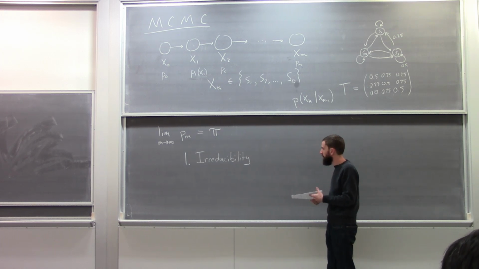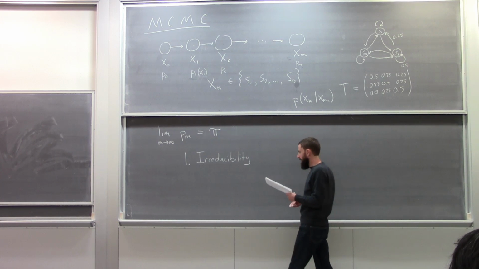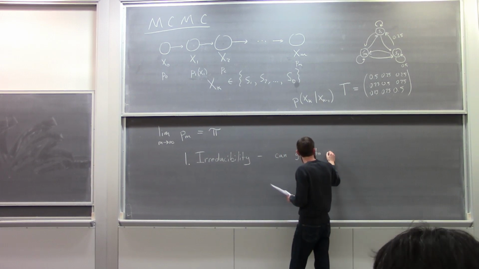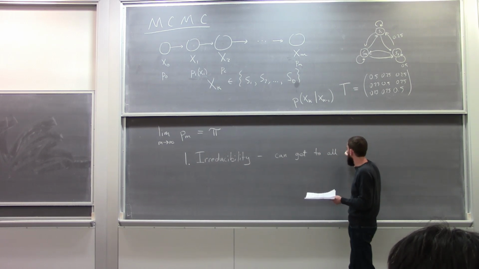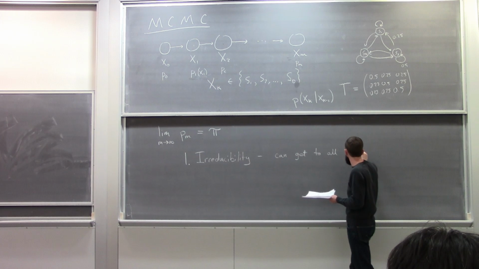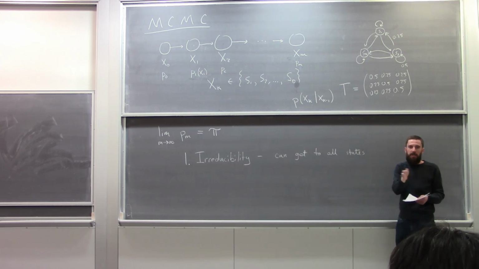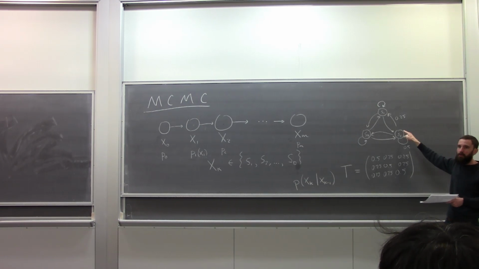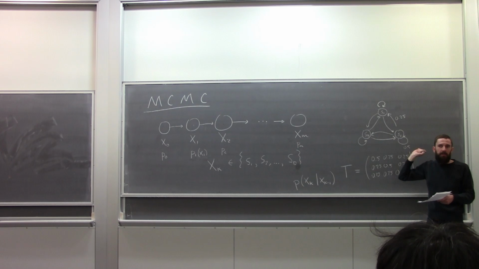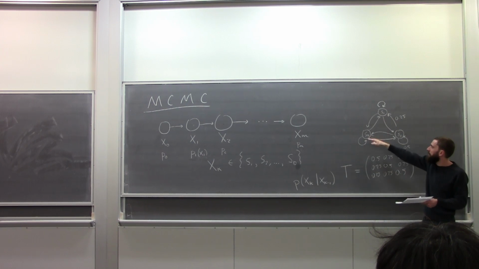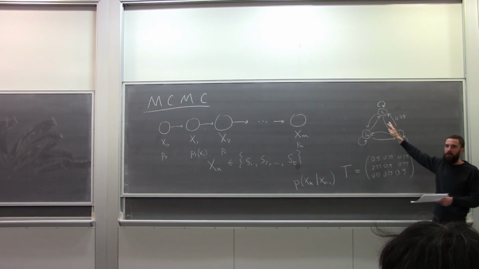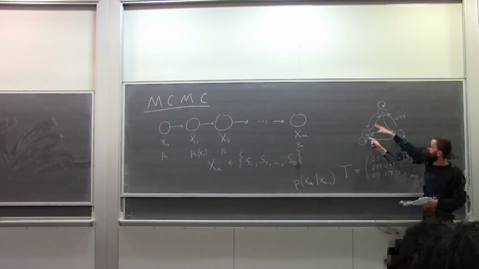Irreducibility means that I can get to all states, from any state to any other state, basically. So if I start you in any state in this graph, there's some non-zero probability, with at least a few jumps, at least it might take multiple steps, but with some non-zero probability, I can get to any other state. So clearly, this one satisfies irreducibility because I can get to any other state in just one jump.